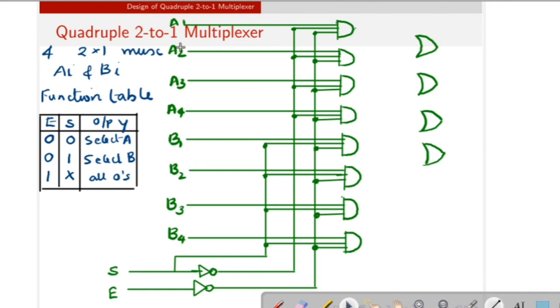So we take the output from this AND gate and the B1 output from here. Then for the second, the output from this AND gate and B2, that is here.